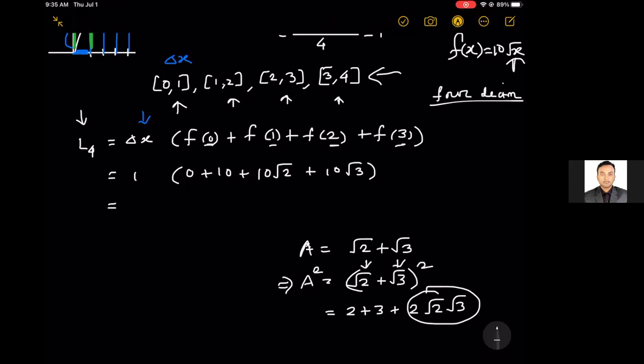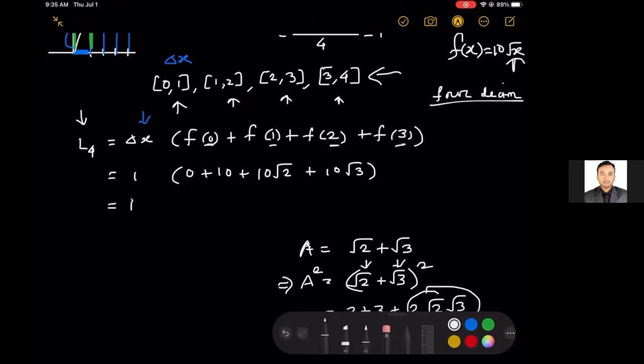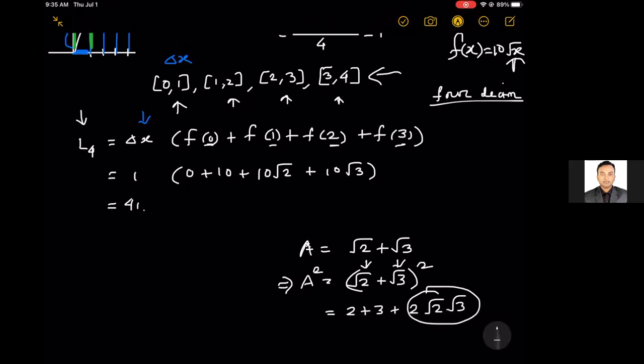Okay, I have got 41.4626. Is this what you have got as well? Can anyone verify it for me? Because I could do it wrong. Yeah, that's what I got.